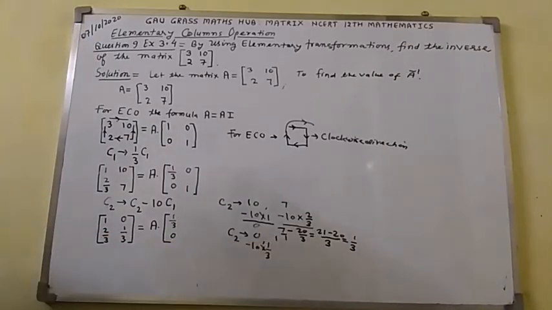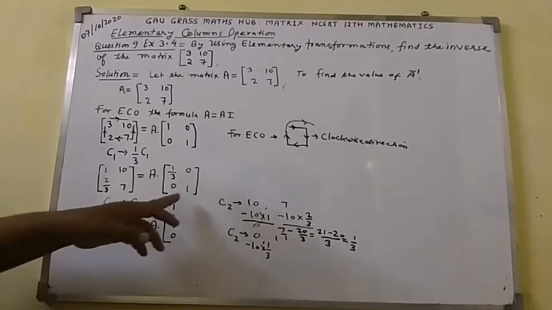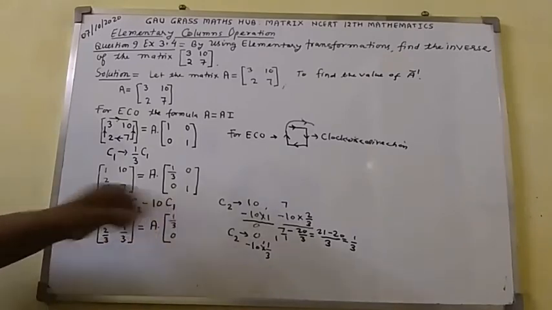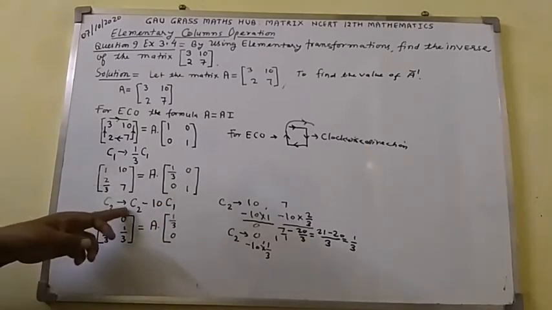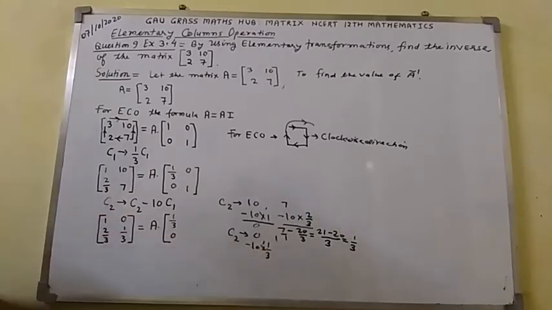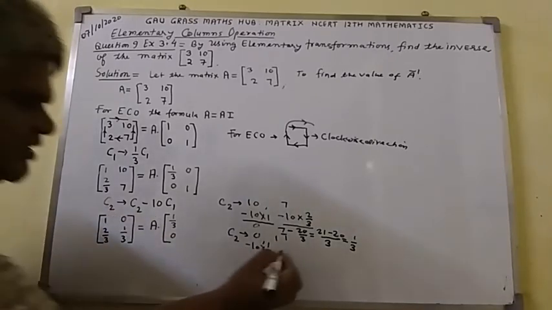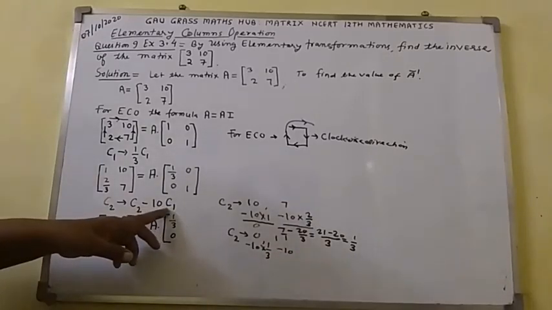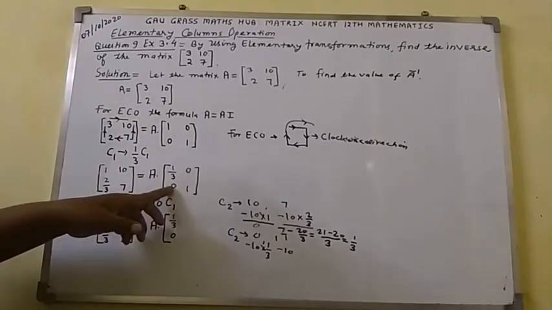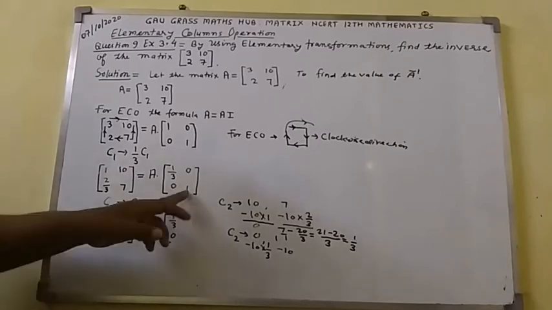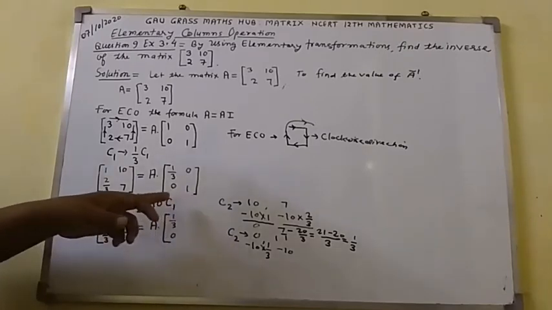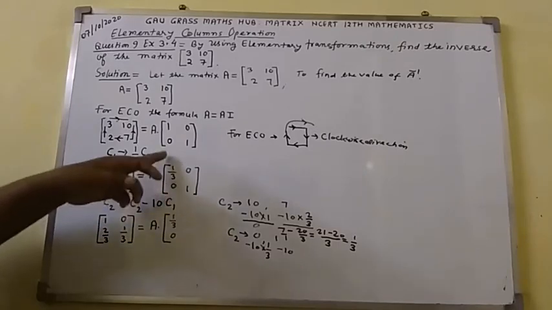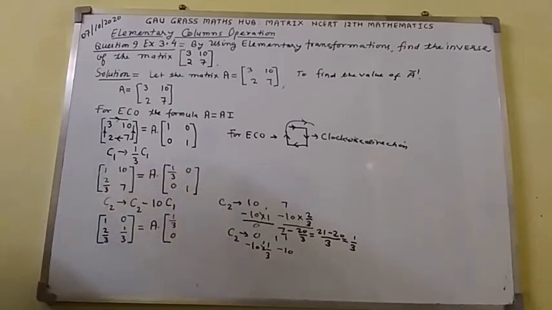And for 1 here, this is the second element of the second column. C2 will be taken as 1, minus 10, so here I shall write minus 10, into the value of C1 here, 0. The respective element of 1 is 0 in column 1, so the value of C1 will be 0.